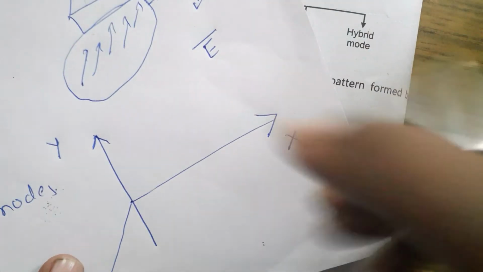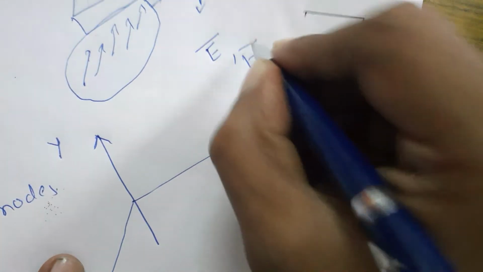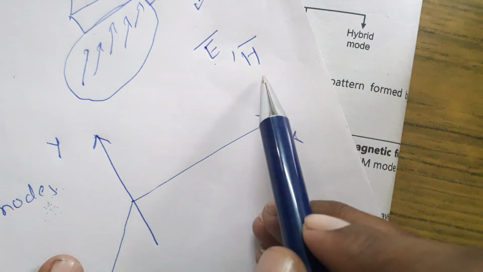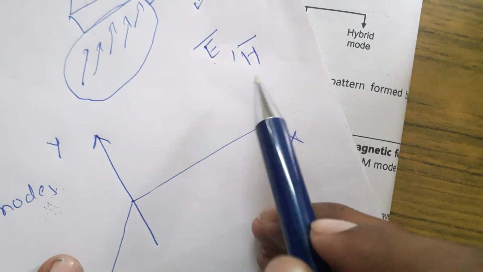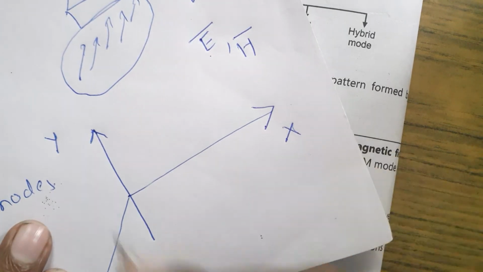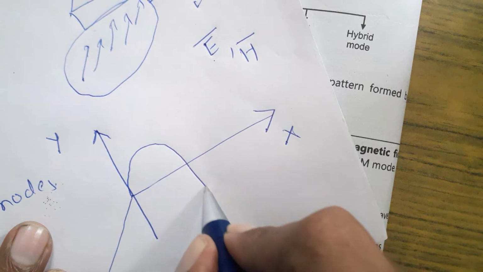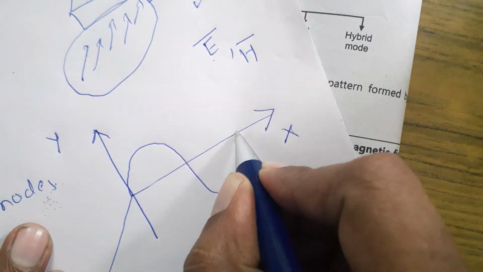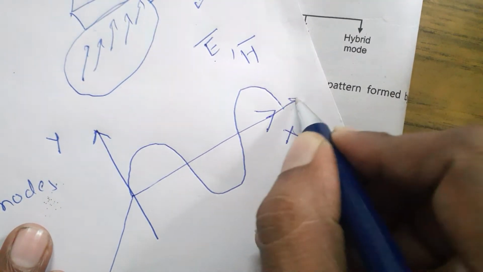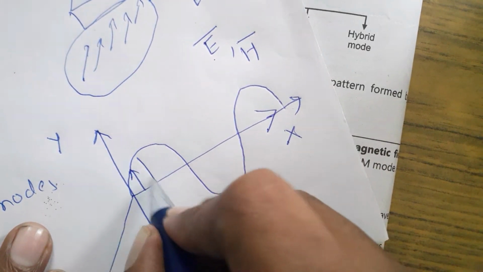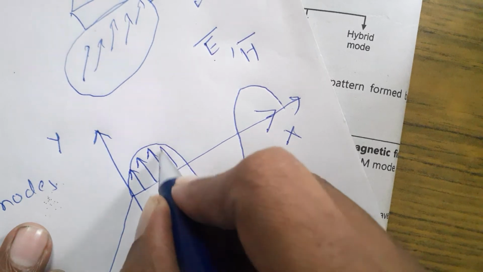The first one is electric and another one is magnetic. Electric wave will be represented by E while magnetic wave will be represented by H. So just remember, on the x-axis the electric wave travels. So this will be vertical waves.